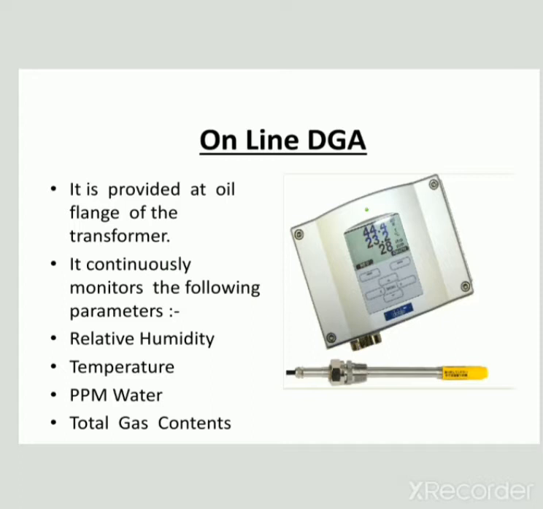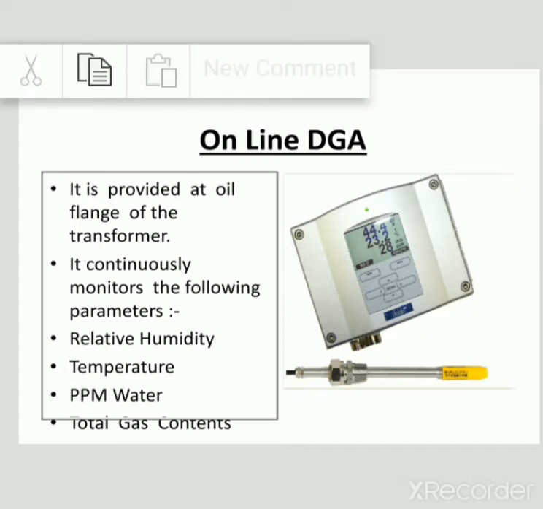Since it is provided at the oil flange of the transformer, it continuously monitors the following parameters. First is relative humidity of the transformer. Next one is temperature, because if the temperature goes out of the rated level, there is a possibility of creating abnormal conditions. That's why it is needed to monitor the temperature of the transformer from time to time.